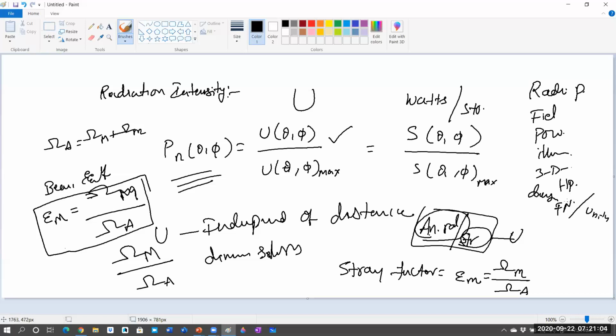Today's class covered beam area, radiation intensity, and beam efficiency. These are some of the parameters. Next class we will look into some more parameters.